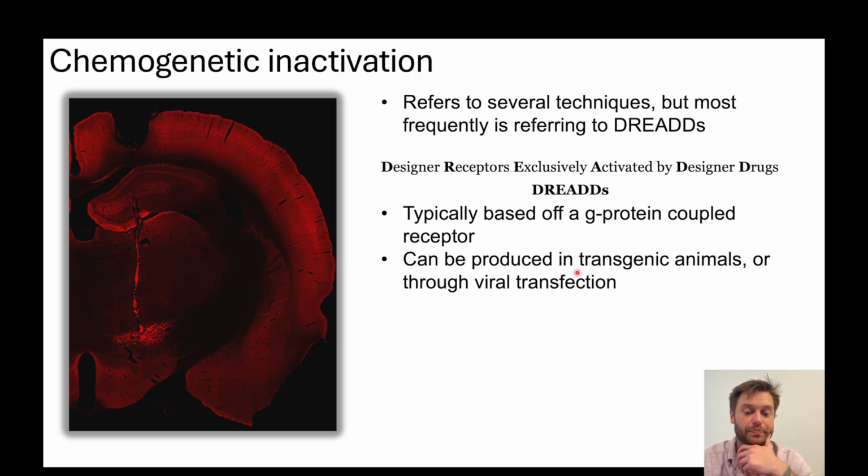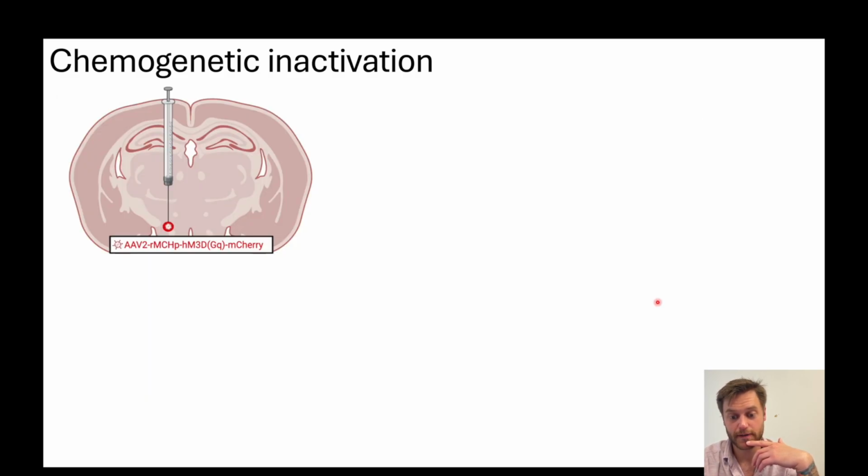So those are the two ways that you can induce a DREAD: you can do it through transgenic manipulation by breeding the animals in a very particular way, or you can take what's called a wild type animal, meaning the animals that have no transgenic manipulation, and you can inject a virus that will then replicate itself and cause genetic changes, or basically transfect a subpopulation of cells and produce the DREAD.